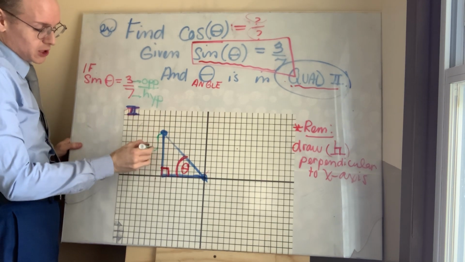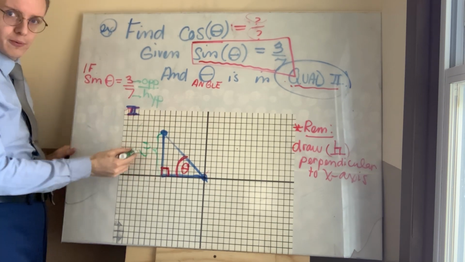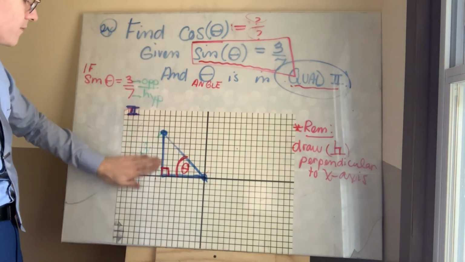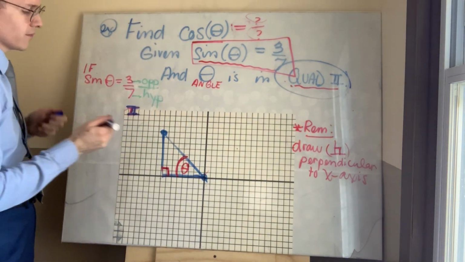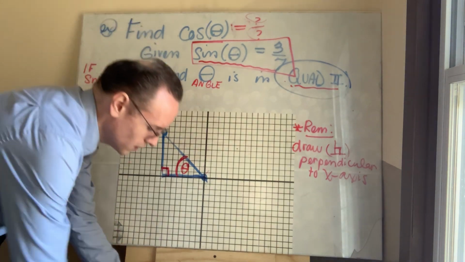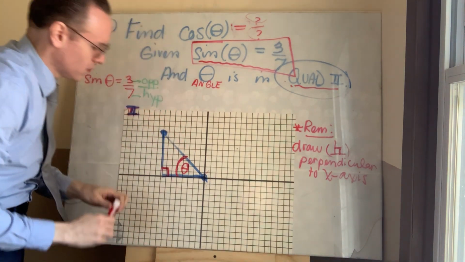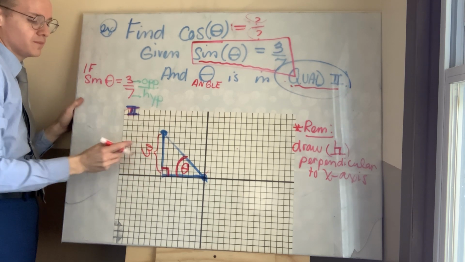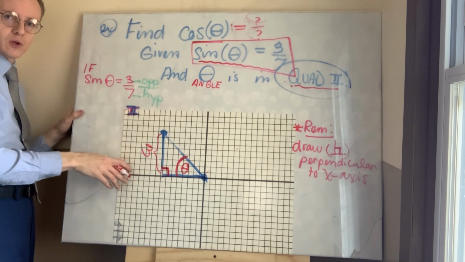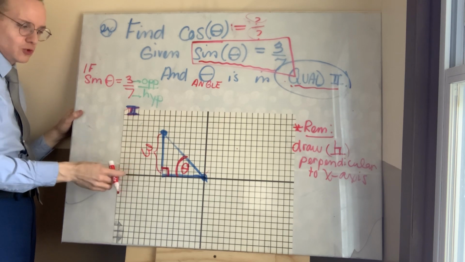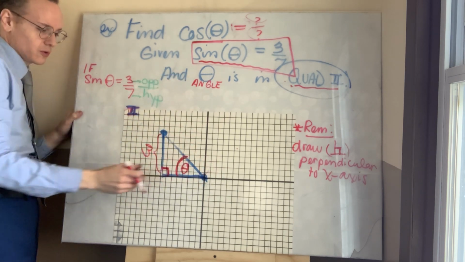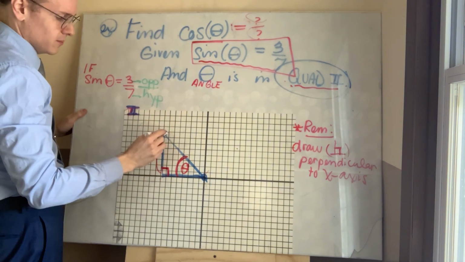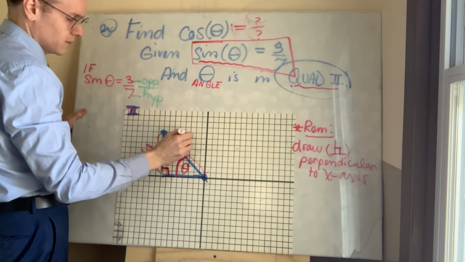That would make the dimension this way 3. Forgive the grid lines because it's out of proportion. I'm just using it for the axes, really, this picture. All right. The hypotenuse would have to be this dimension this way, 7.